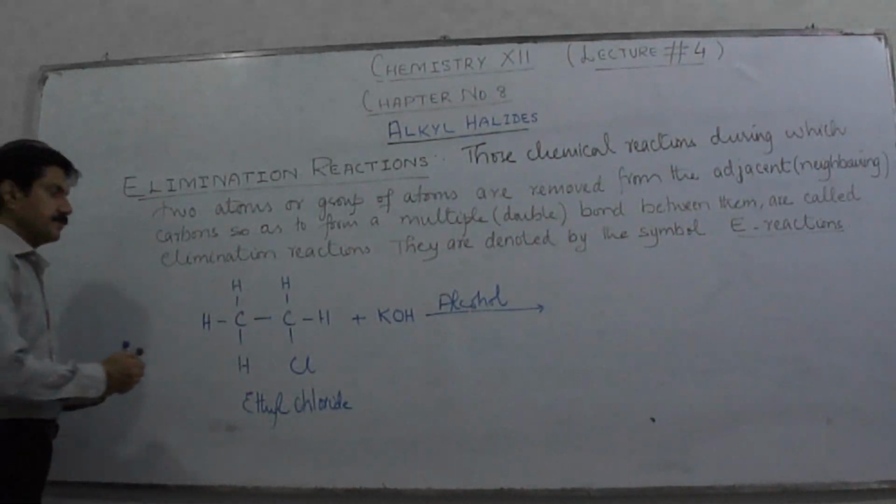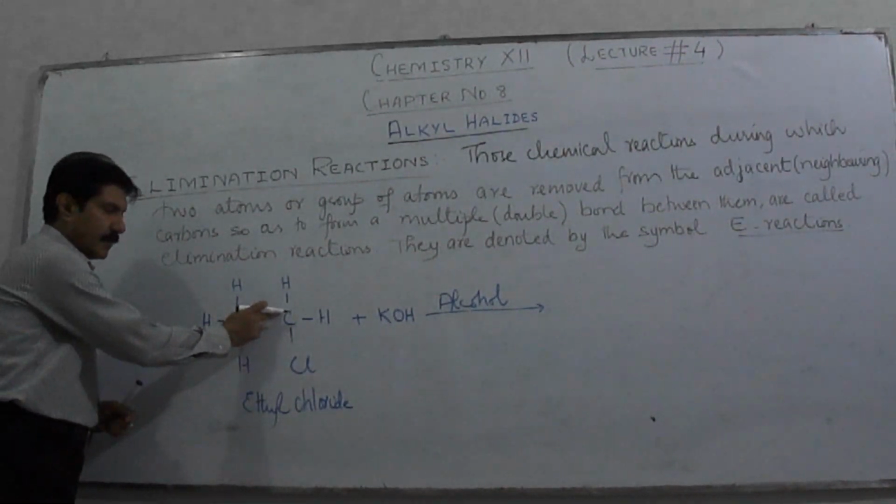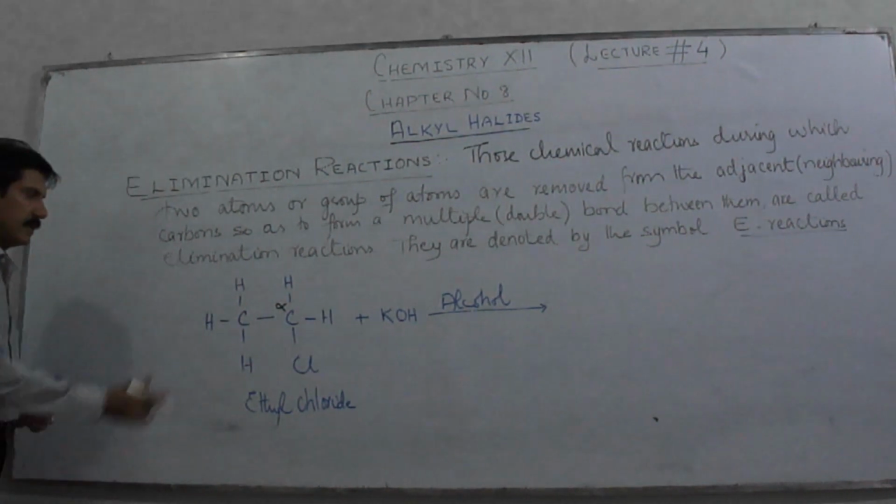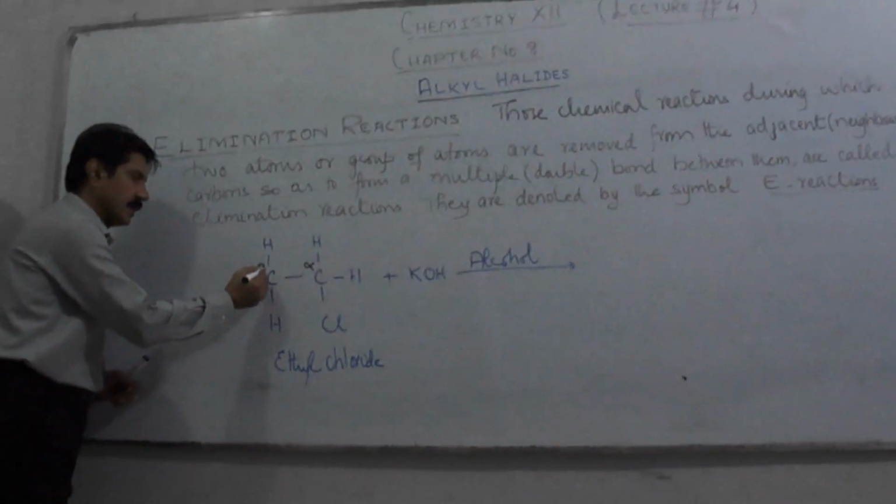Now what will happen? The carbon bearing halogen atom with it is said to be an alpha carbon, while the next carbon is said to be the beta carbon.